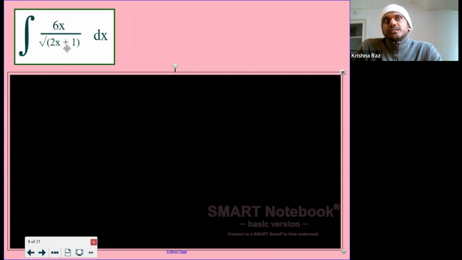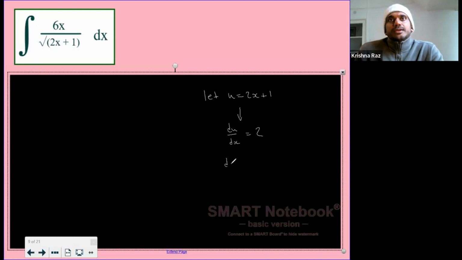You can see that the bracket does not differentiate to the top, but we'll still use the substitution. Let u equal 2x plus 1. So du by dx will be 2, and dx will be a half of du.